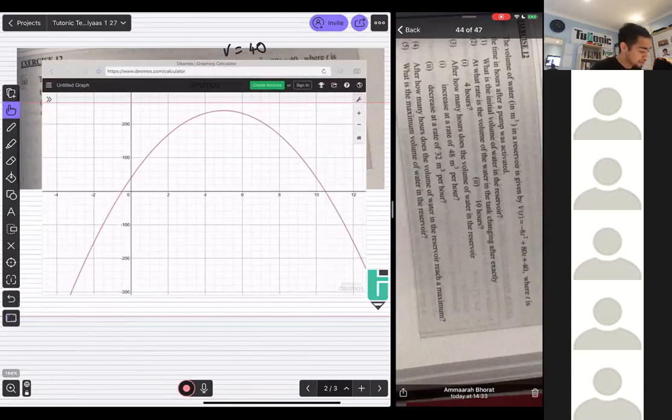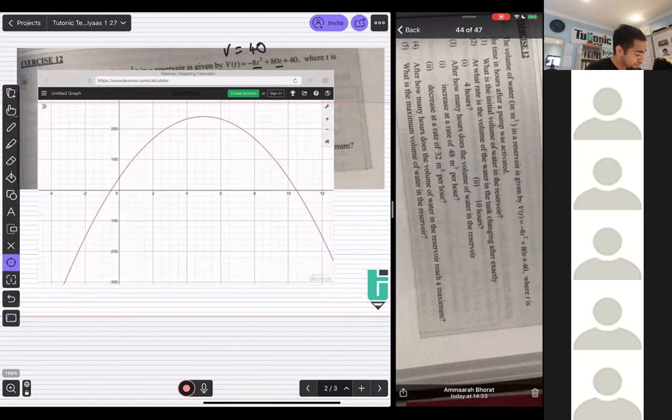What can you tell me about what's happening? What is y equal to? V, right? And t is the x. So what's happening to the volume in the tank as we go from left to right?